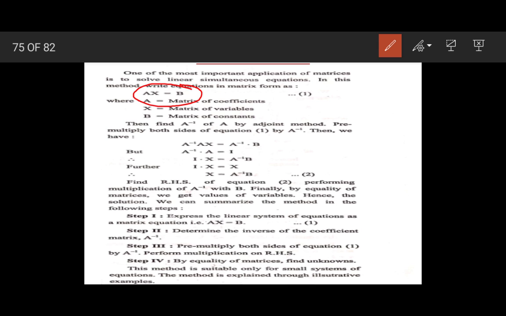A is a matrix of coefficients of variable, X is a matrix of variables and B is a matrix of constant.